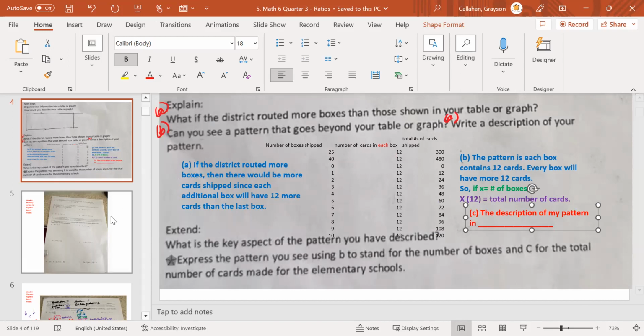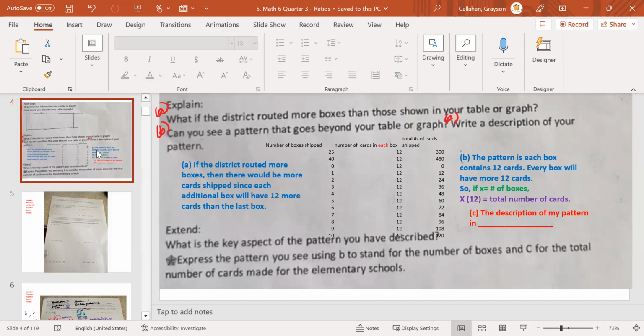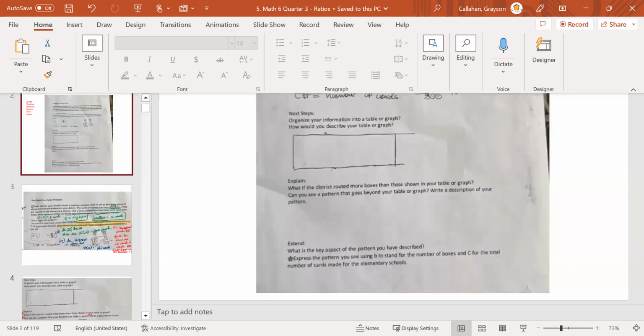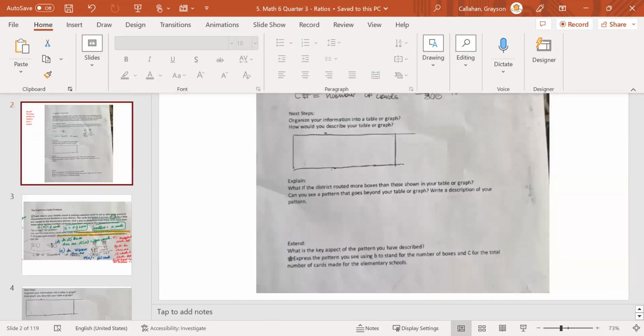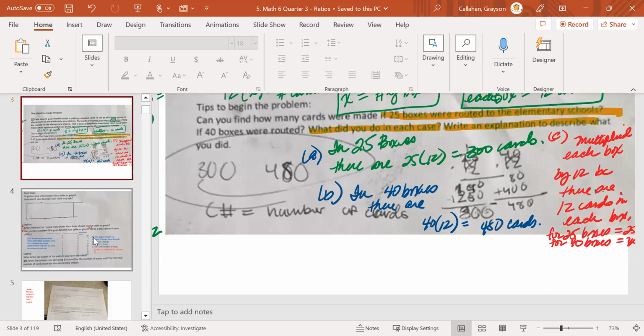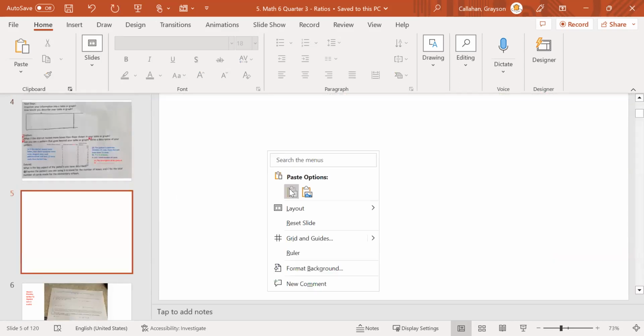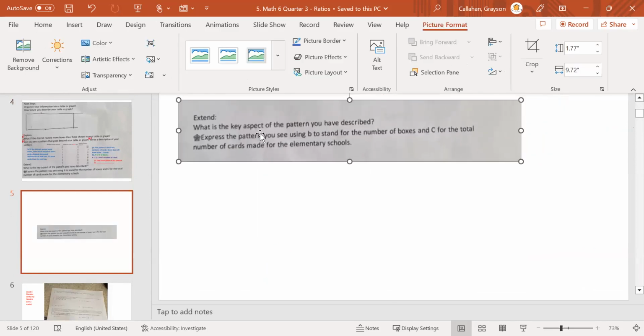Okay. Last part. Extend. What does it ask you? Read the question. It asks you the pattern in a table or graph. Can you see a pattern on that table or graph, right? And it's looking good. What is the key aspect of the pattern you have described?